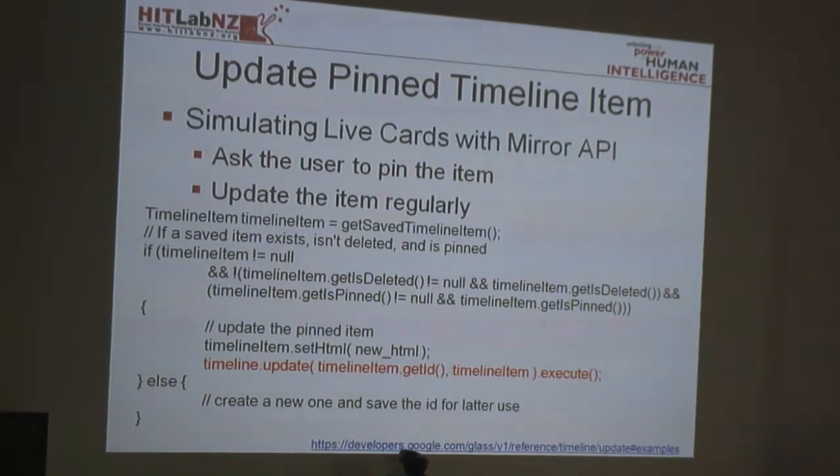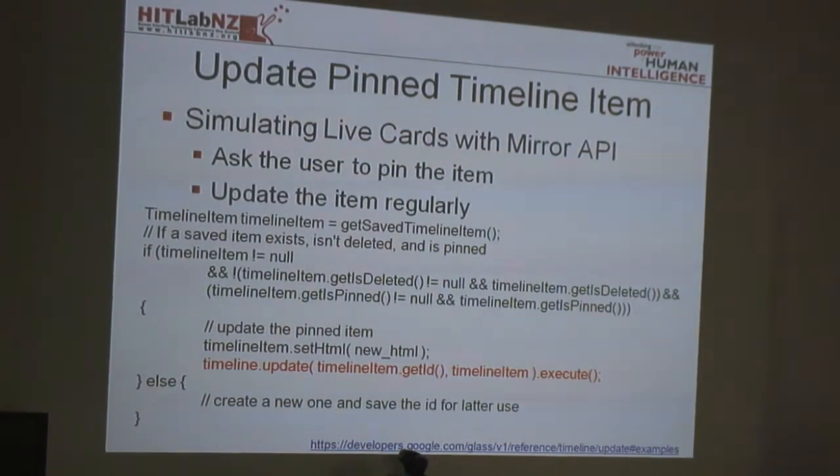Actually, this is an example of simulating a live card using static cards. Since the Mirror API can update an already existing card on your timeline, what you can do is ask the user to pin your card onto the left side of your Glass timeline. Afterwards, you keep the ID of that timeline item or the card created and update it.